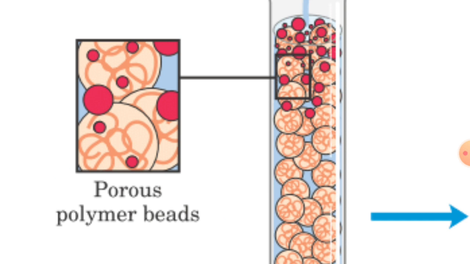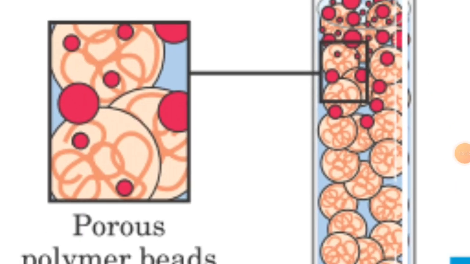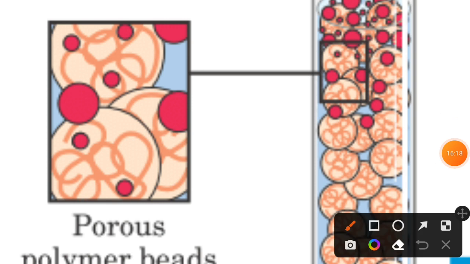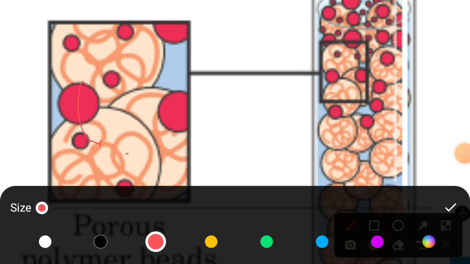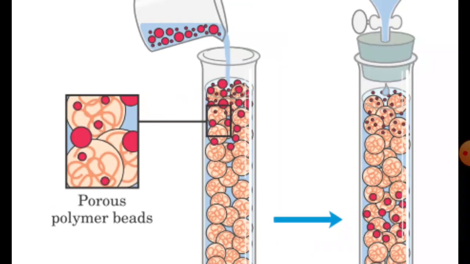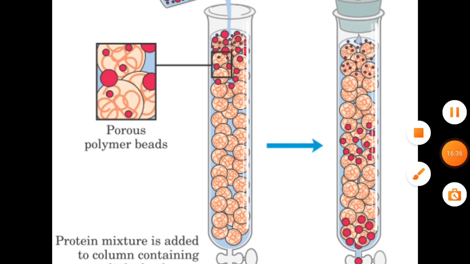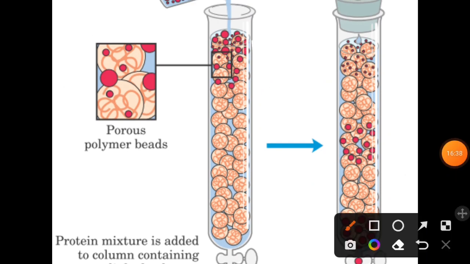But here we are using porous polymer beads. That means we are using various kinds of ball-like substances that have pores, and inside the pores our protein can easily penetrate if our protein's size can accommodate the penetration.